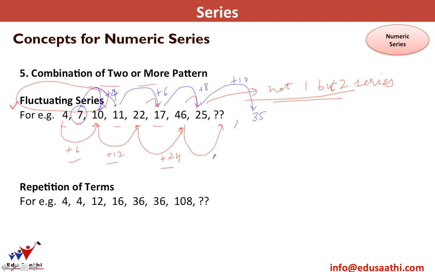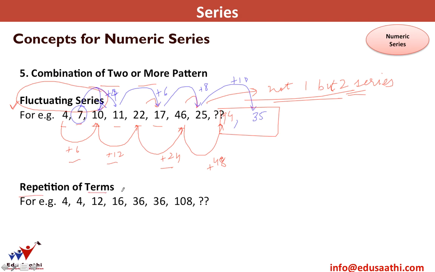The next number to be added here would be plus 48, which is double of 24. So 46 plus 48 would give me 94. So what are the next two numbers? 94 and 35. So they are made up of two series and not one. One of the series is in red and the other series is in blue.